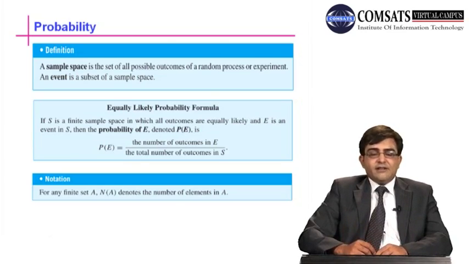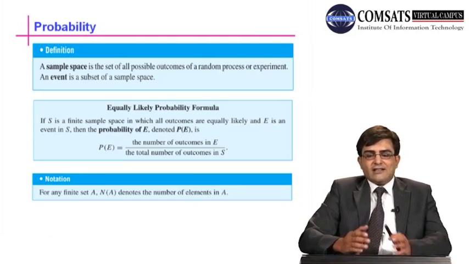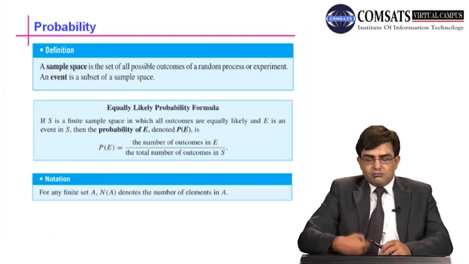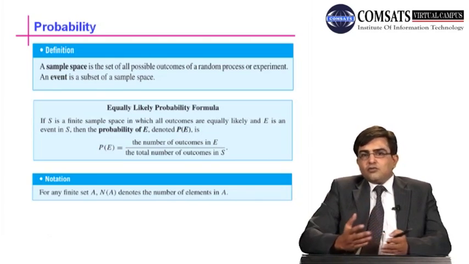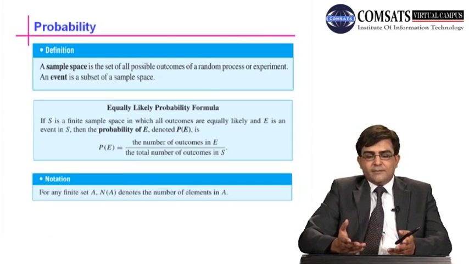For example, the first definition is the definition of sample space. What is the sample space? A sample space is a set of all possible outcomes of a random process or experiment. What is a random process? Basically, when you throw a die, the outcome could be 1, 2, 3, 4, 5, 6, because on a die there are only 6 possibilities.